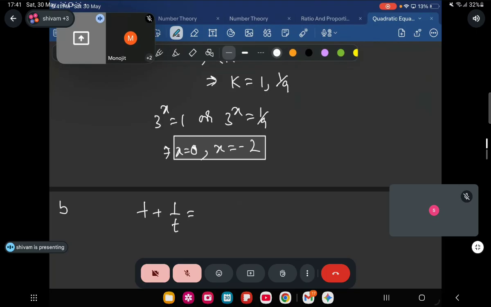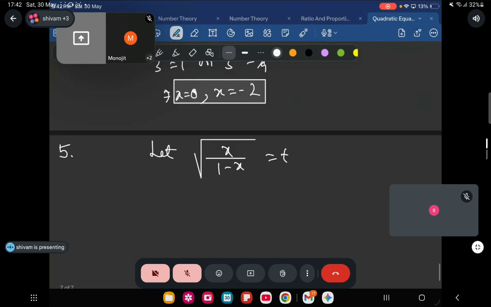This is number 5. Let root over x by 1 minus x is equal to t. So t plus 1 by t is equal to 2 1 by 6.